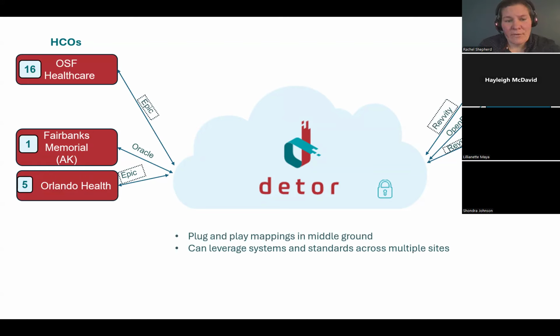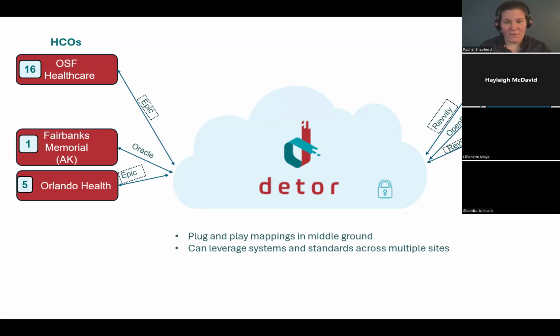So now, a couple months later, with only our third implementation, we're already starting to see some reusability kick in. We're seeing some overlap in systems. And during an implementation, we work very closely with the on-site staff at each organization, say at a hospital, their Epic Beaker team, for instance.